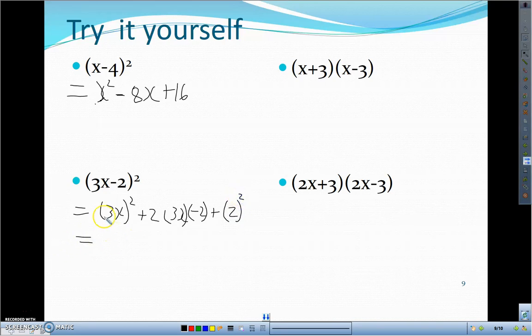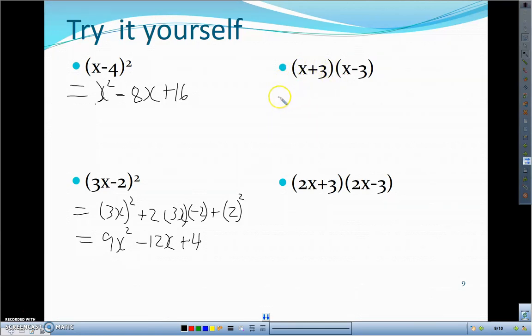And so this will be equal to 3 times 3 is 9, x squared. 2 times 3 times minus 2, what's 6? That's going to be minus 12x. On the end here we've got this plus 4. One thing I can say is as you practice this more, you should be able to do these in one step if you can do the math mentally in your head.